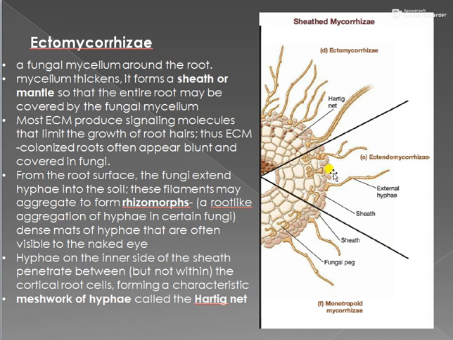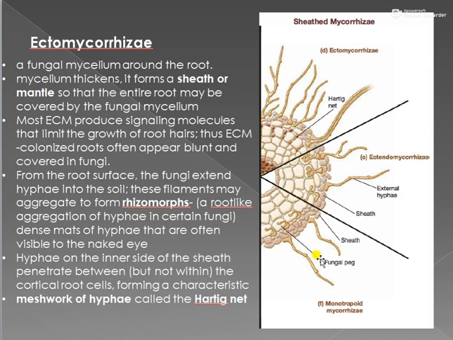Just have a look here. This is a sheath, that is the mycelia. The hyphal element is thickened over here to form a sheath or a mantle. And sometimes the whole root cell gets covered.